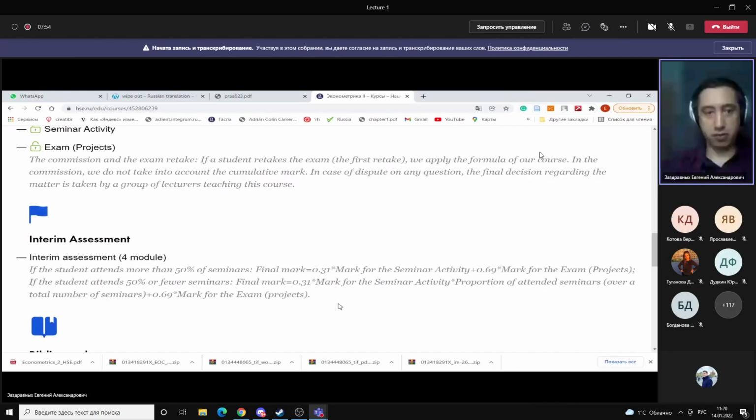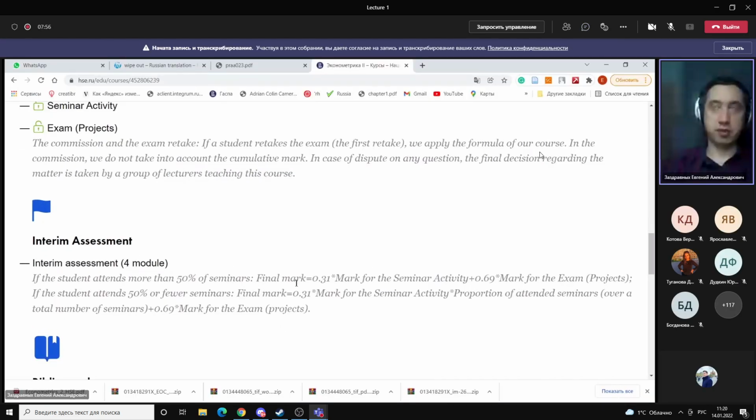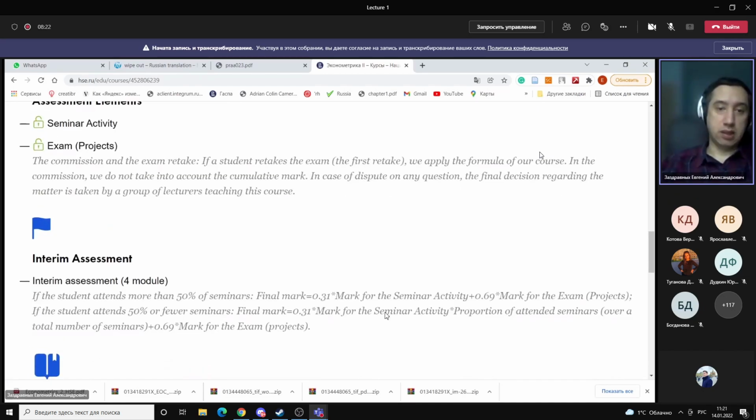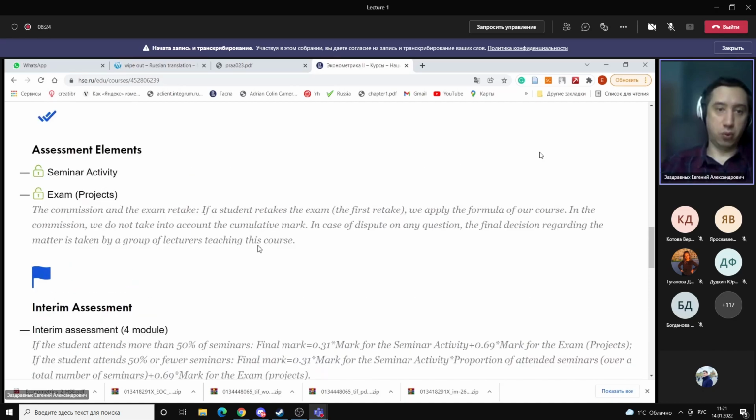So, for example, imagine a student who attended just one class. The student got 1 for this class. It looks good, but we see that the share of attended classes is 0.1. Hence, we multiply his 10 by 0.1, and his cumulative mark will be 1 instead of 10. So please attend our classes and be ready for the survey.